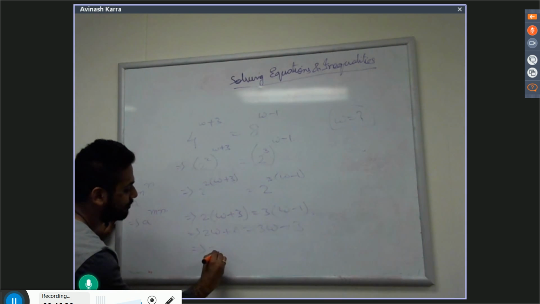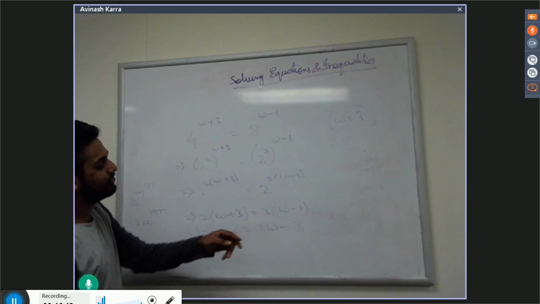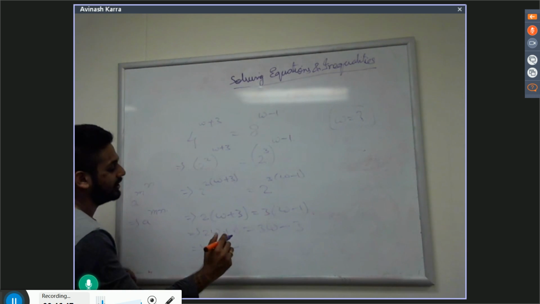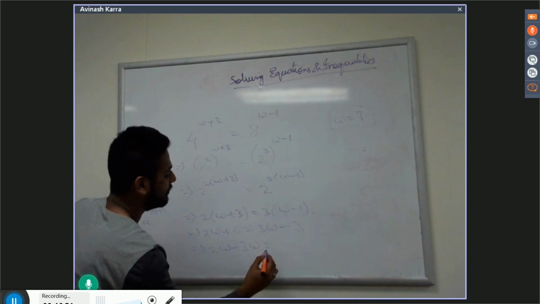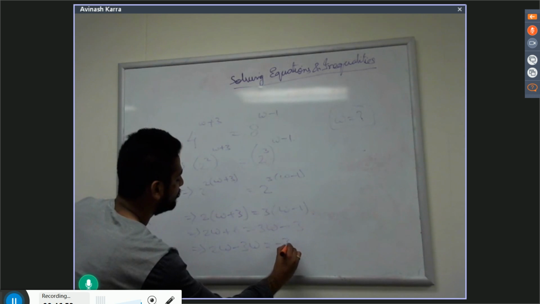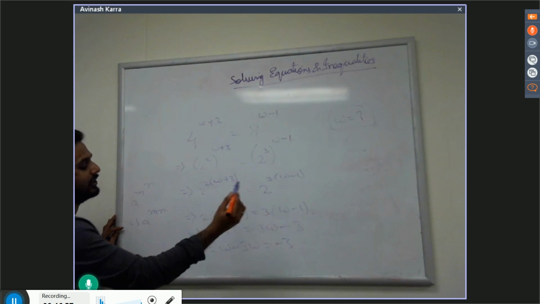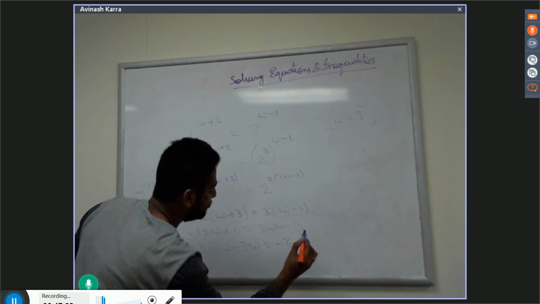What sign does 3w have here? It's positive. When it goes to the other side, it becomes negative. 2w minus 3w is equal to minus 3. And 6 is positive; when it goes to the other side, it becomes negative, minus 6.